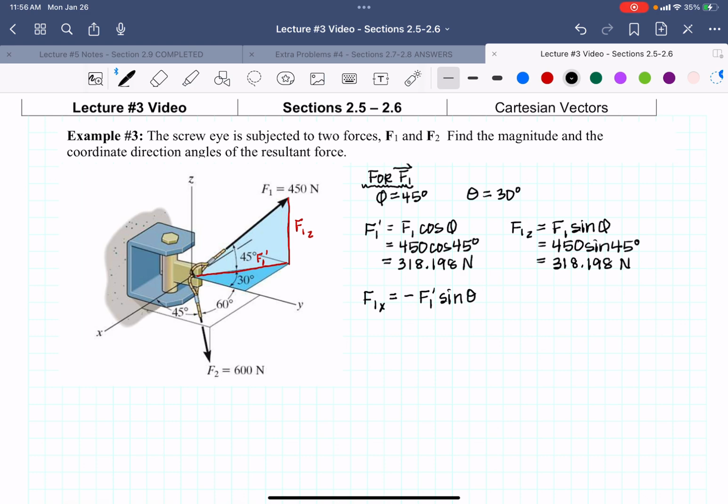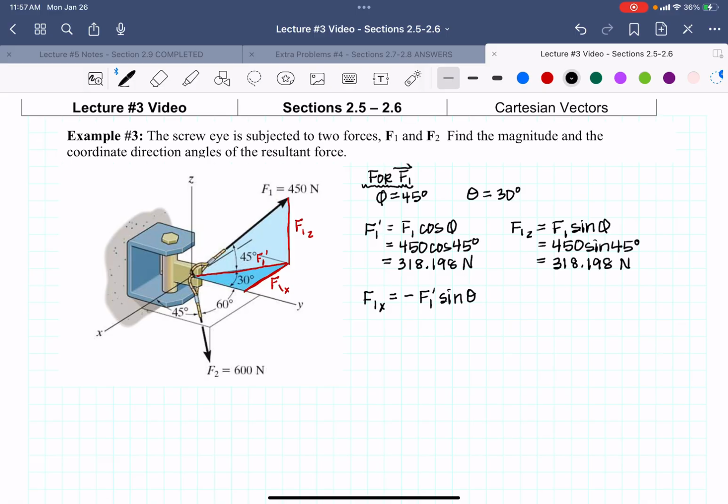Now notice it's the sine this time. That's because if I examine my angles and I look at my X and Y axis, my X component, which is this one right here that I'm just highlighting, is across from the angle, which means that it is the sine.